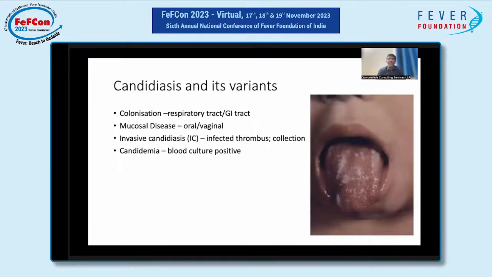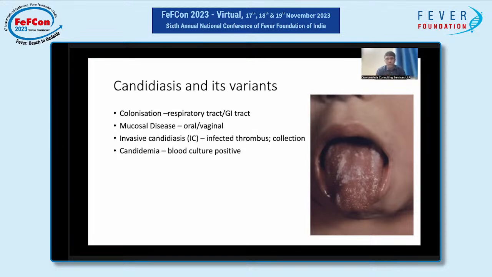We all know that Candida is a normal colonizer in the mouth and GI tract. It's a normal colonizer in the genitourinary tract. At the same time, it can produce oral candidiasis. It can produce esophageal candidiasis. It can produce Candida vaginitis. It can, of course, produce invasive candidiasis like candidemia or a Candida liver and spleen.